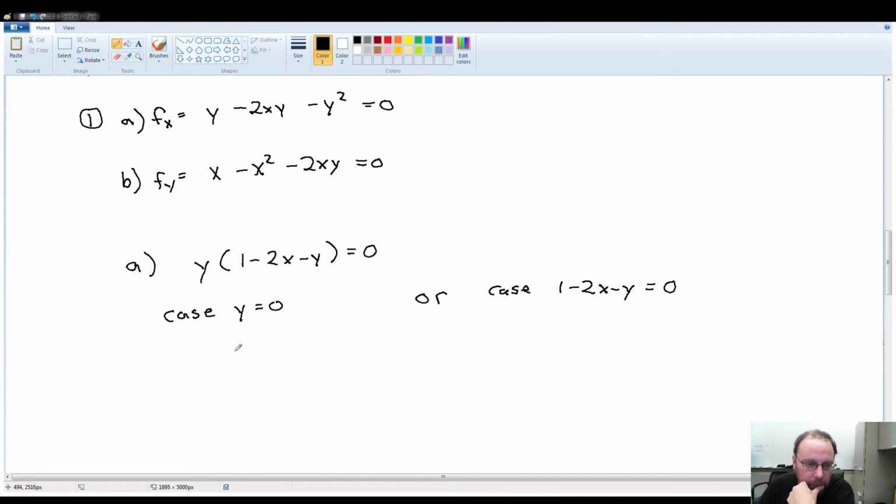Okay. So once I have the case that y is 0 from the first equation, I can go to the second equation, which I labeled B, and then consider it with the restriction that y is 0 in this case. So this allows me to set y equal to 0 and see what I get.